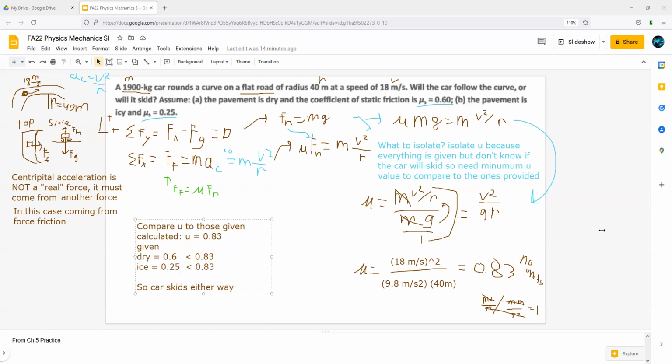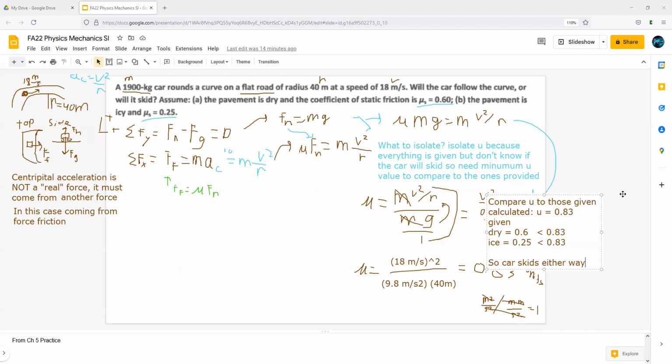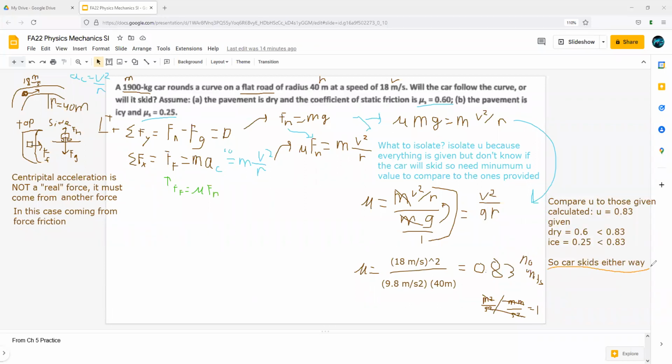So that's over here, and then I'll draw. I think she did an example problem something like this. I have it in my notes.